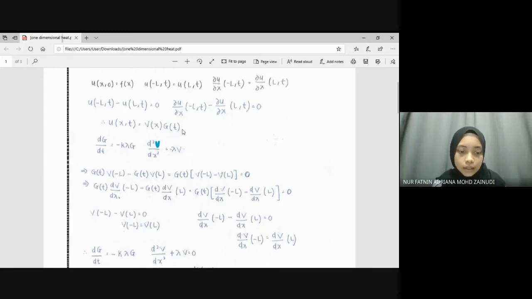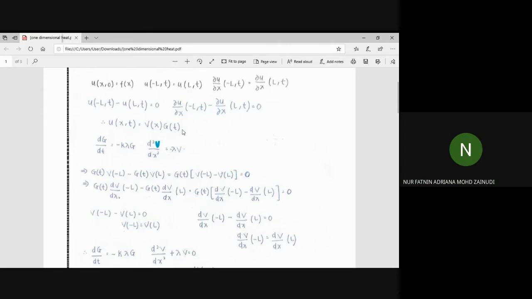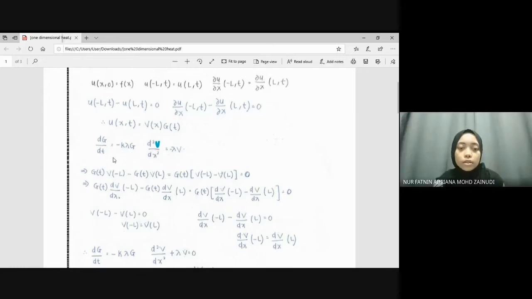This is the assumption that we use in the separable variable method, which is u(x, t) is equal to v(x) g(t). And these are the two ordinary differential equations that we will need to solve, which is dg over dt is equal to minus k lambda g, and d square v over dx square is equal to minus lambda v.